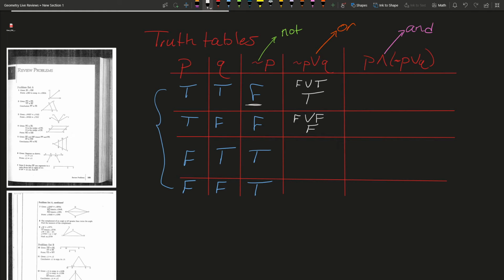Down here, not P is true, and Q is also true, so we have true or true. Because one of these is true, the statement is also true. And then down here, we have not P is true, and Q is false. Again, because one of these is true, this entire statement is true. And then the last column, P is true, and not P or Q is also true. So we have true and true. Because both of these are true, this entire statement is true.